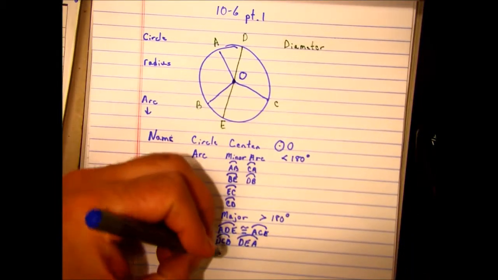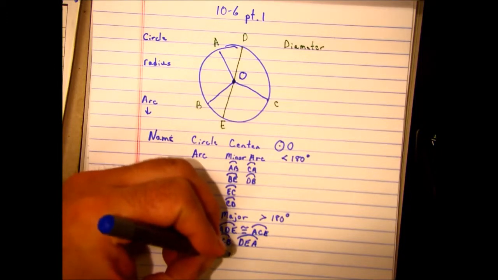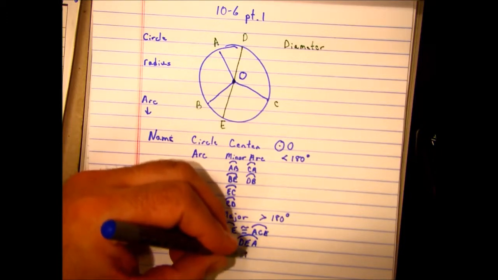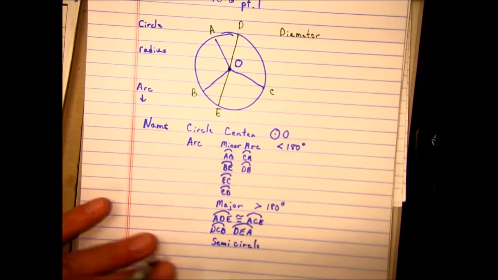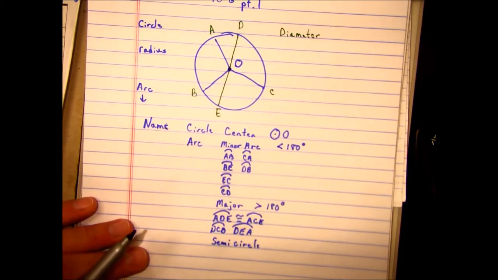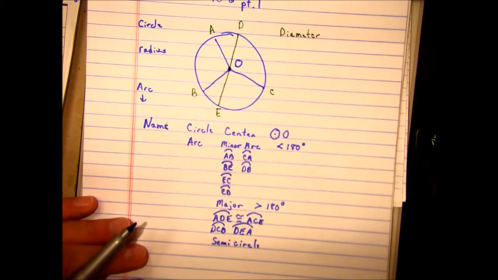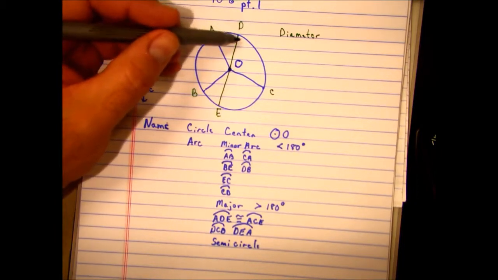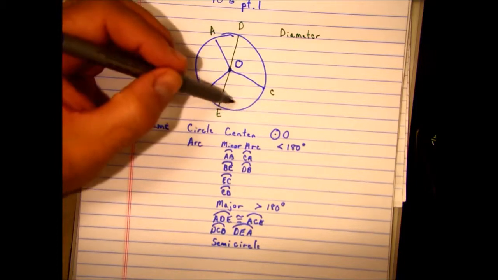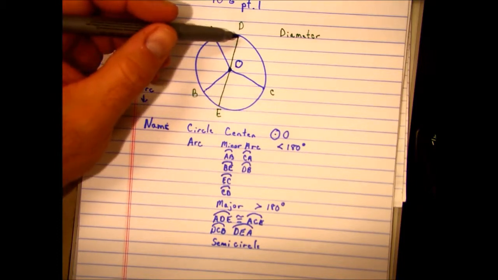Then you have semicircles. Semicircles are called semicircles, so there is no shortcut for writing it. A semicircle is exactly 180 degrees, correct? It's half the circle. So you'd say semicircle DE, semicircle DCE.